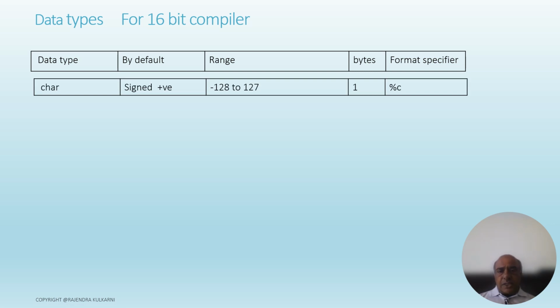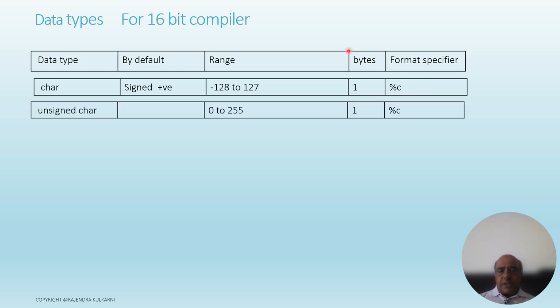The first data type which we have already seen is char. When no sign is mentioned, the default is taken as positive. Its range is -128 to +127. It occupies 1 byte in memory, and its format specifier for printf and scanf functions is %c.